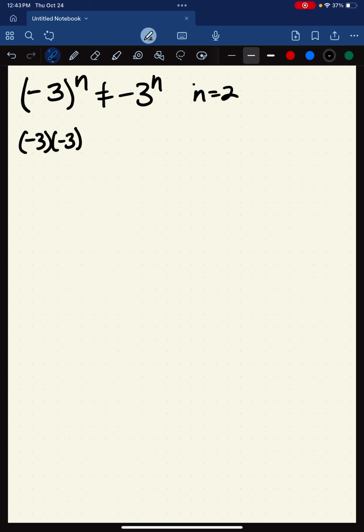And another particularly important example is that negative 3 to the n is not equal to (negative 3) to the n. Because, let's say n is 2, for example, over here on the left we have negative 3 times negative 3. And over here on the right we have negative 3 times 3. And you can see on the left we have positive 9, on the right we have negative 9, and those are not equal.